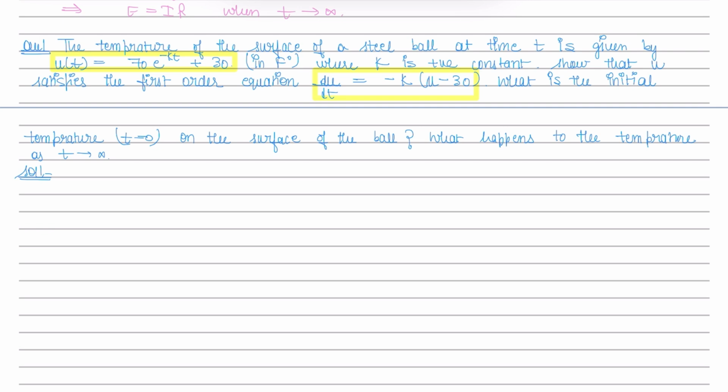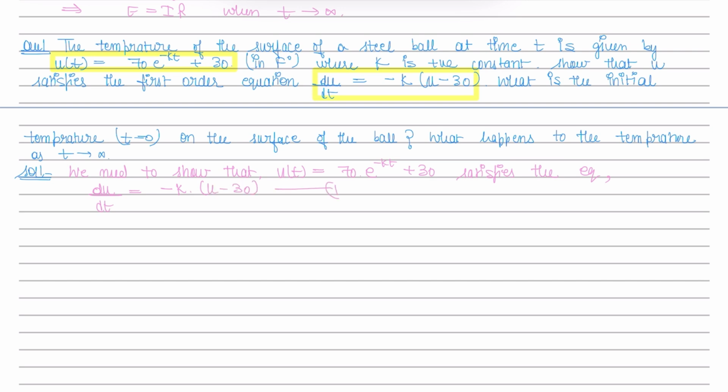So let us firstly verify. We need to show that U of t is equal to 70 into e to the power minus kt plus 30 satisfies the equation du by dt is equal to minus k times u minus 30.